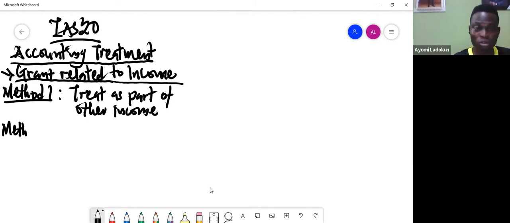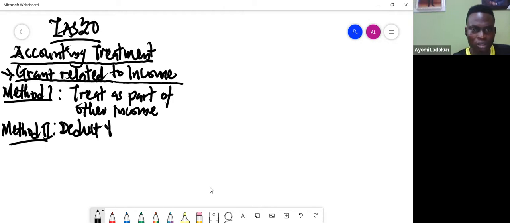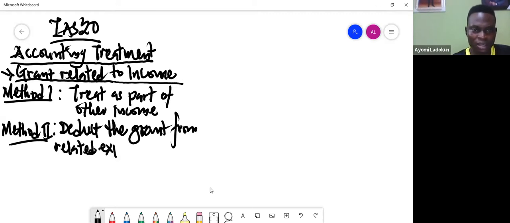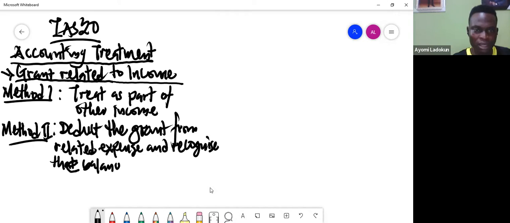Then method two, which they also call the income approach. Instead of recognizing the grant in your account or treating it as part of other income, you deduct the grant from the related expense, and recognize the balance in the income statement, or in the profit or loss account.